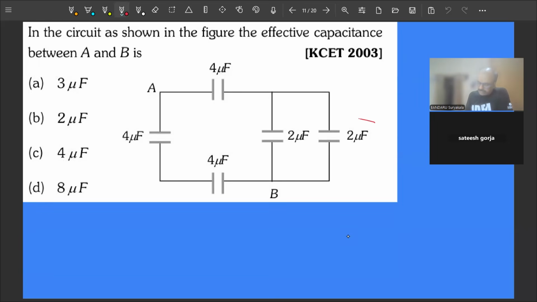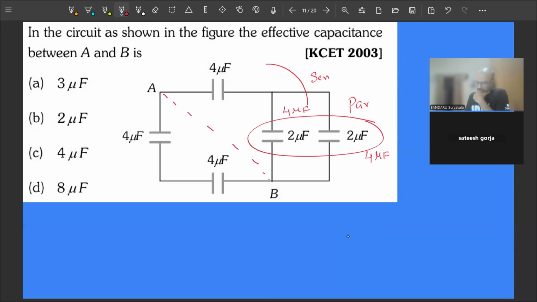Similarly, these two are connected in parallel. Parallel means it becomes 4 microfarad. Now they ask between A and B. So it becomes 4 microfarad, and this 4 is connected in series.